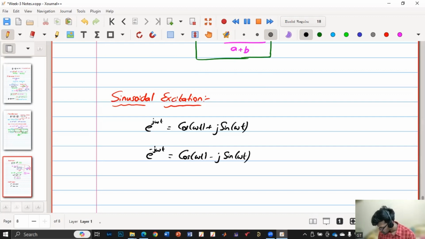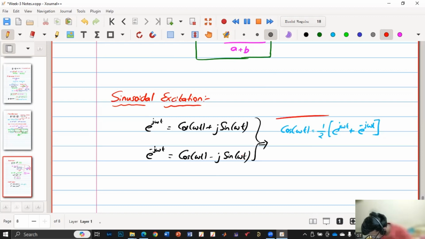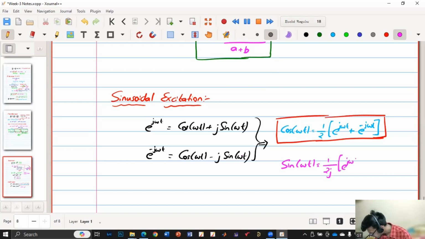From these two terms, cos omega t is half into (e to the power j omega t plus e to the power minus j omega t), and sin omega t is 1 by 2j into (e to the power j omega t minus e to the power minus j omega t).